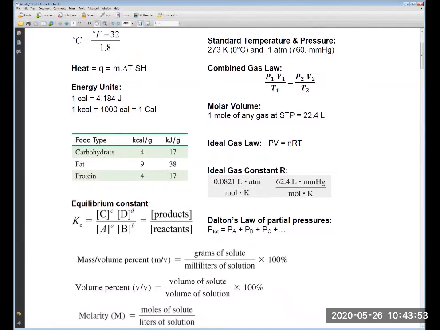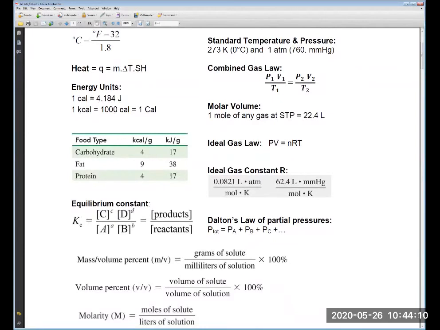The ideal gas law: pressure times volume equals the number of moles times R times T. And for R, you will choose the value depending on whether your pressure is in atmospheres or millimeters of mercury.